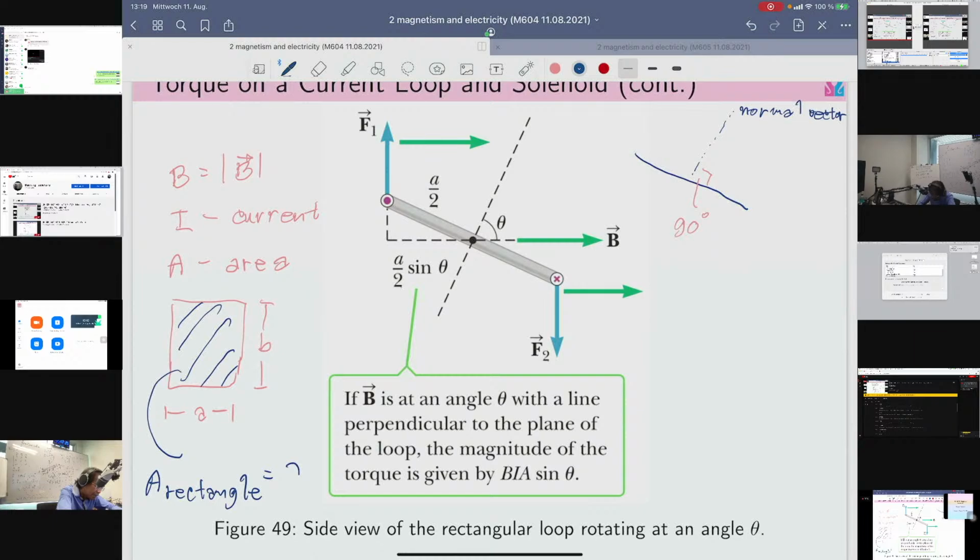Pivot is the rotating point or the reference point, as I told you. The unit is the Newton meter, that's the standard unit in physics. Apart from special units like ampere, Tesla, Weber, that's the special kind of unit in physics.